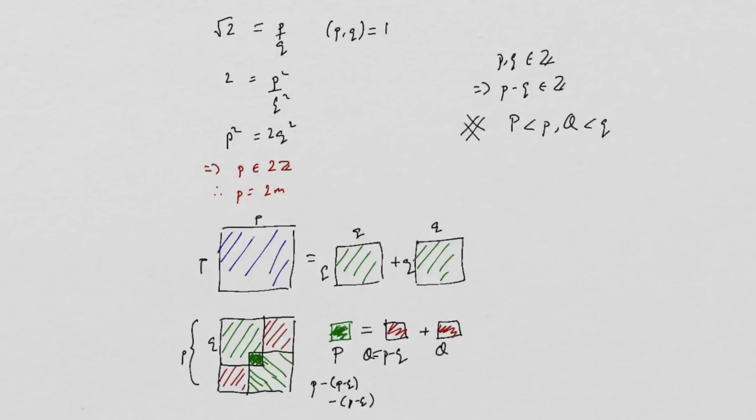Therefore our assumption at the beginning, which is that we can write root 2 as a fraction, or that it is rational, is false. So we've shown the contradiction geometrically instead of algebraically.